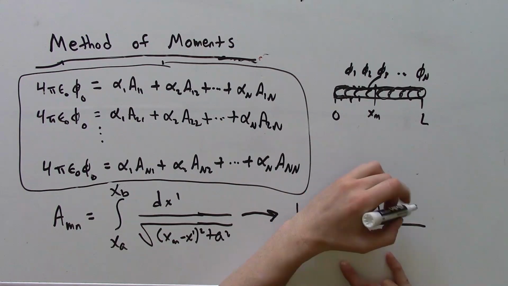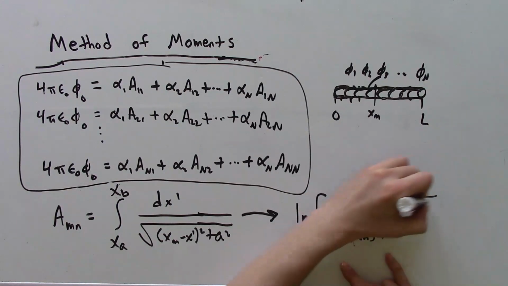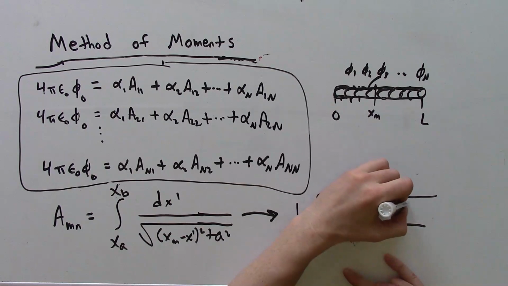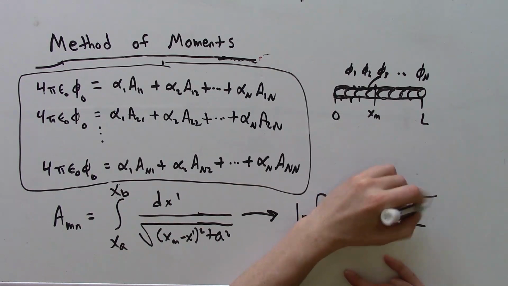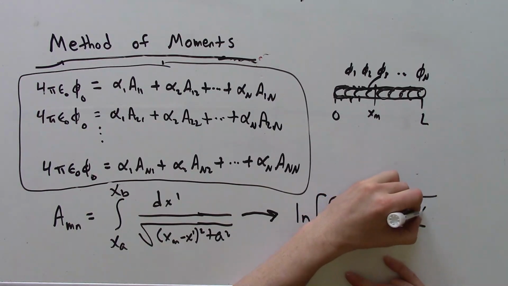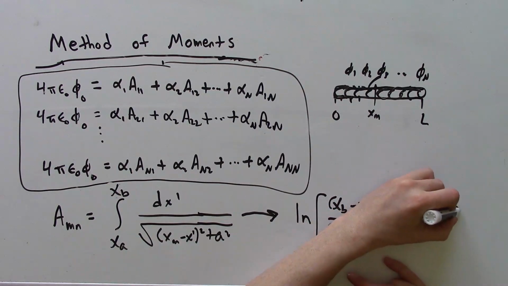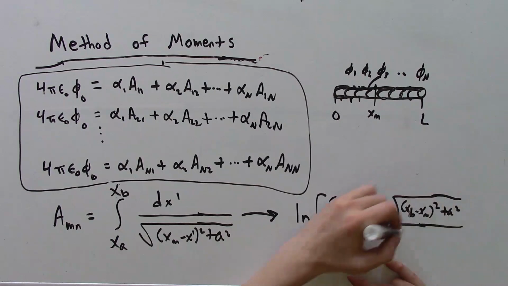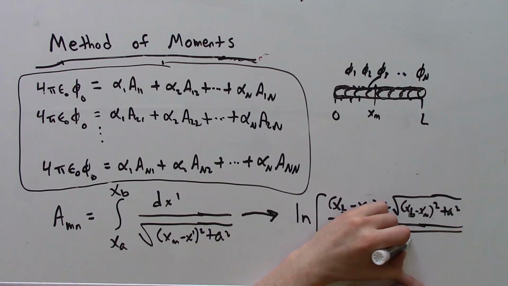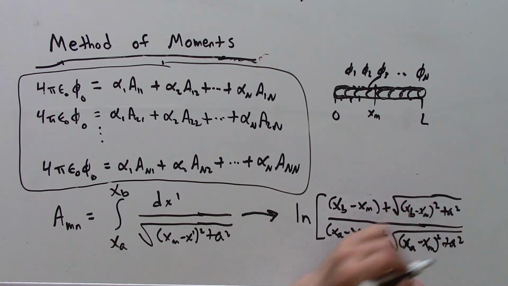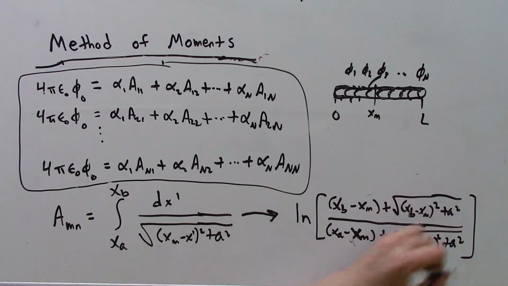And then it is plus the square root. Oh, I'm not falling off the edge here. X sub b minus x sub m squared plus a squared, like that. And there's an x sub a minus x sub m squared plus a squared, like so.